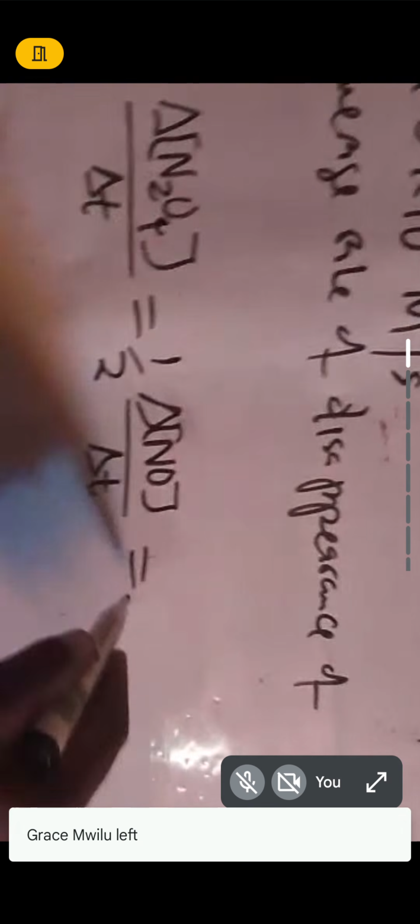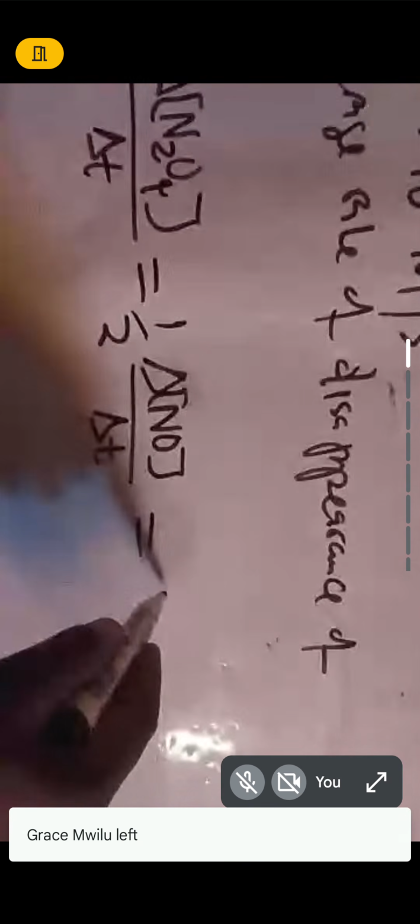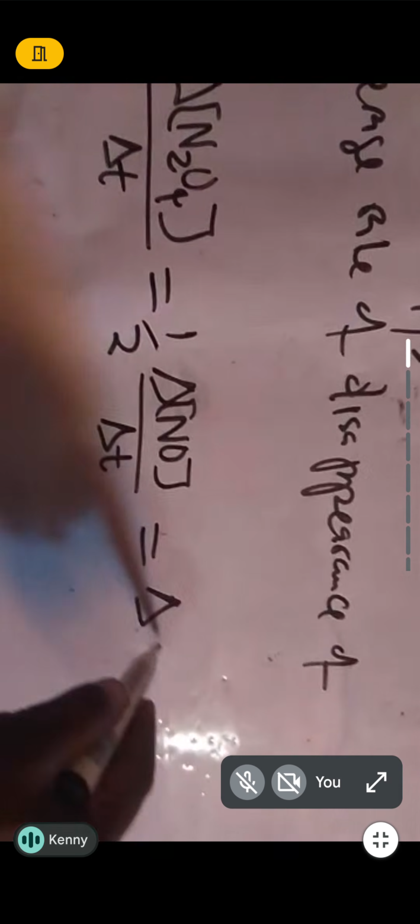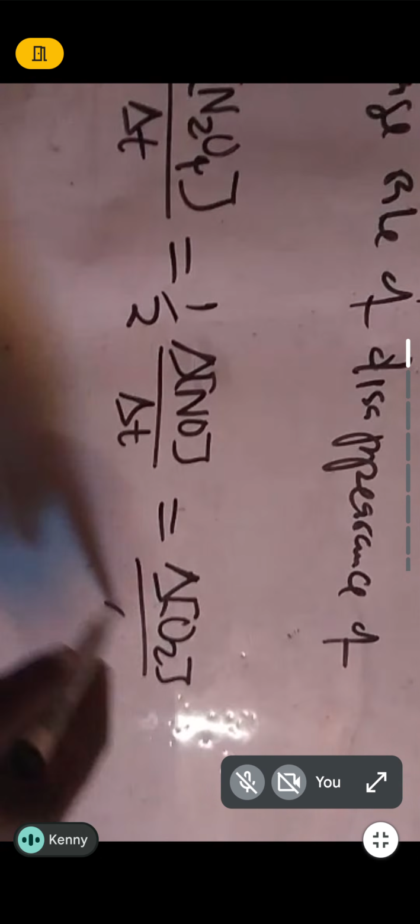There's also oxygen there, though it's not needed: delta oxygen over delta T. But our focus is on NO, the concentration of NO, and we want to calculate the concentration of N2O4.